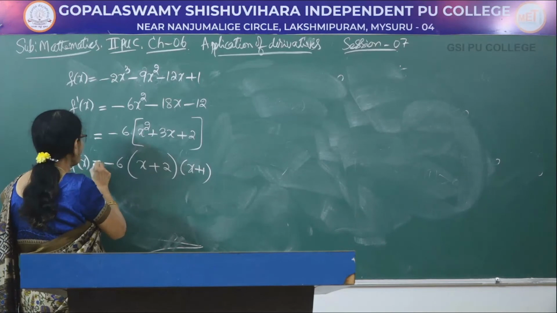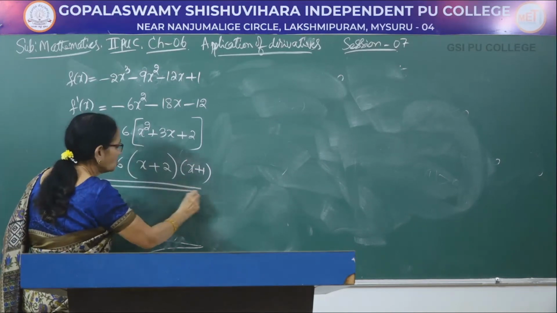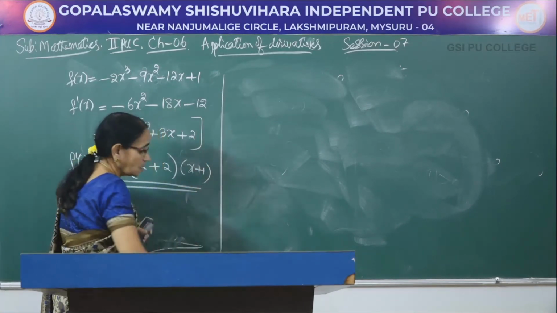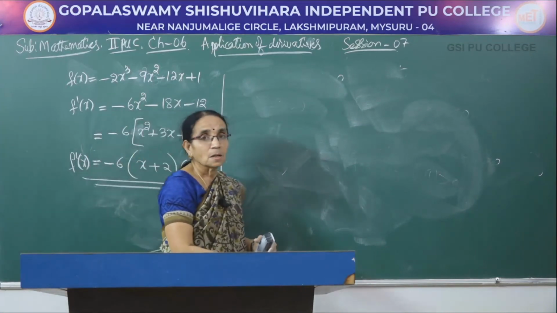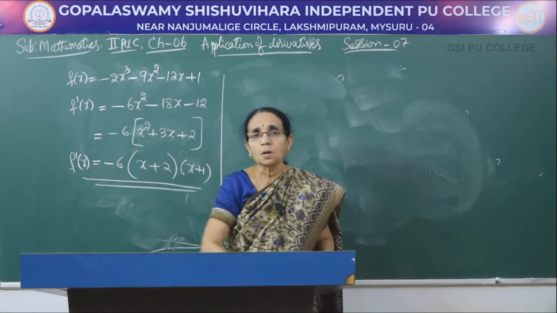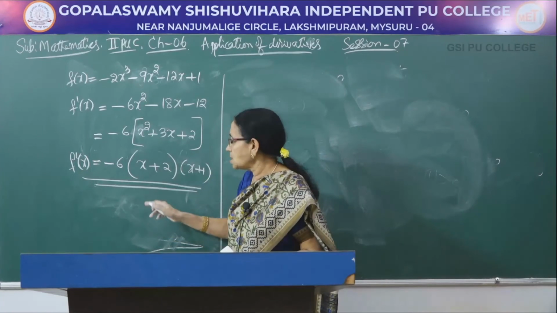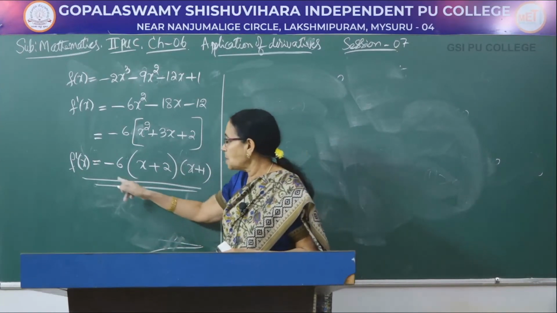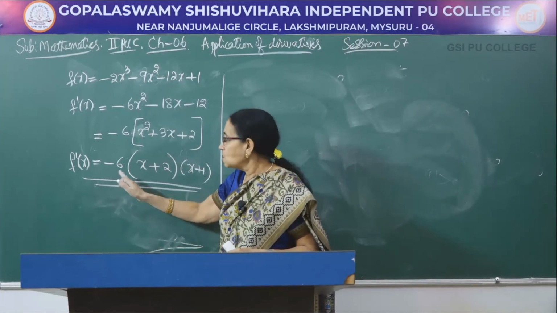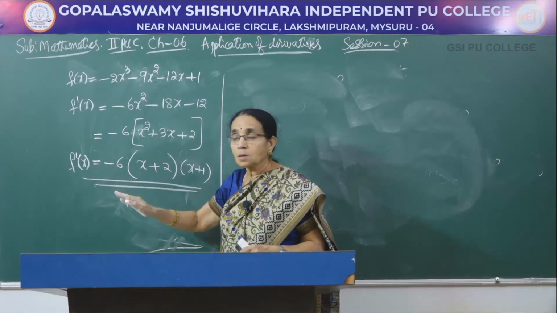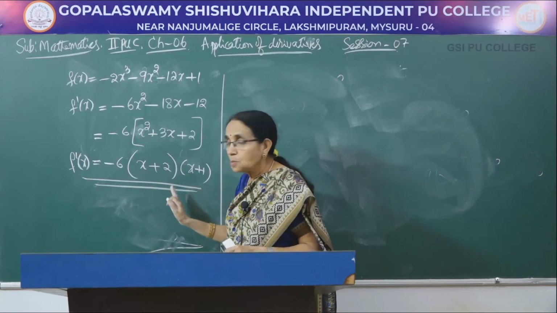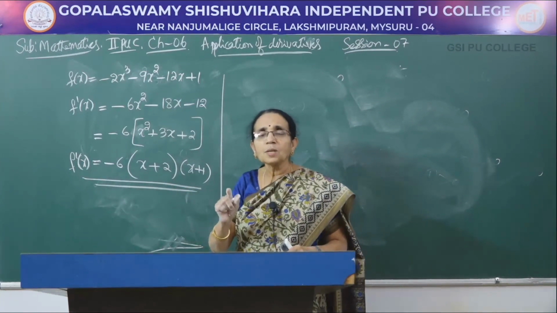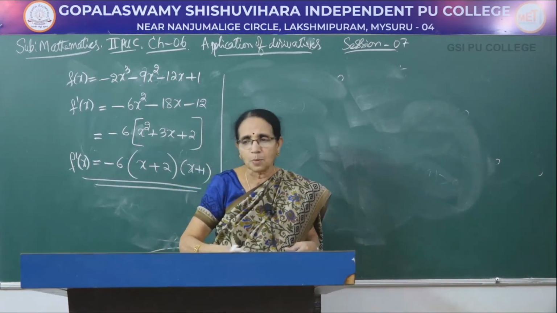Now, this step is important, so better you underline that one. The reason is, when we want to find out whether it is negative or positive, we use this particular statement. That too, in this problem, we are having a minus sign. Don't take that minus sign outside, okay, minus 6. All of them should be kept here only to know whether it is negative or positive.